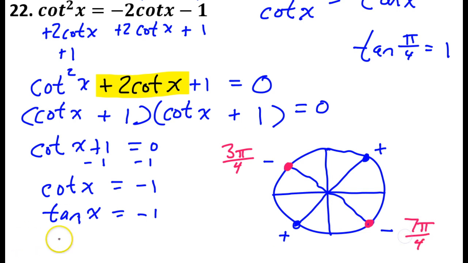Those are the two solutions here. So x is equal to 3 pi over 4 or 7 pi over 4. That looks like negative 7 pi over 4, but it's not. And so that's it for number 22.